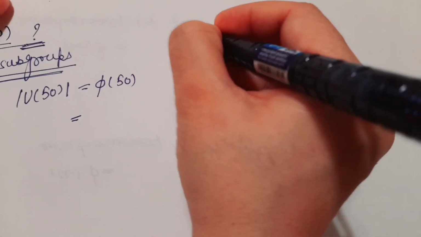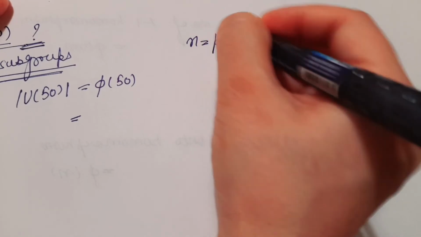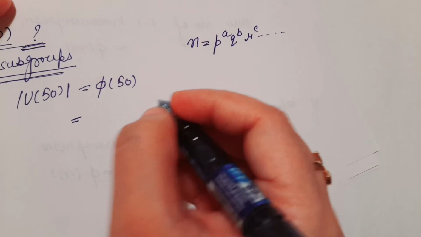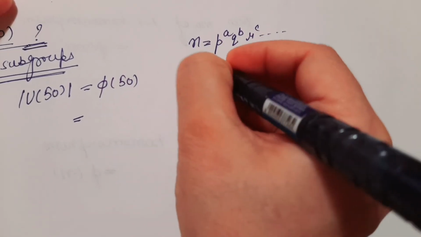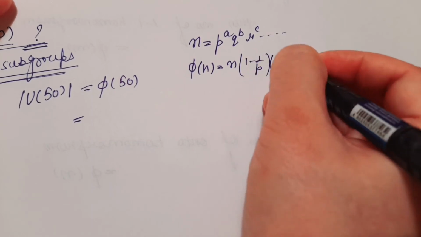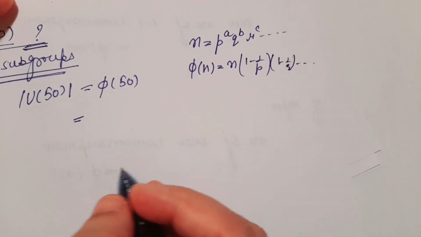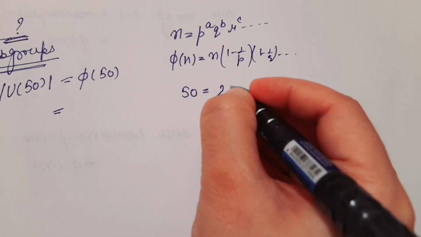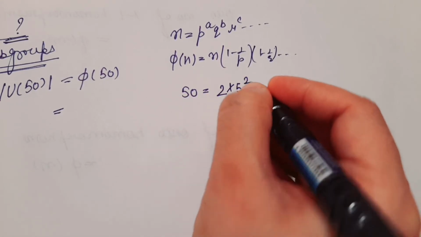If n is equal to p raised to power a, q raised to power b, r raised to power c and so on, then phi of n is n into 1 minus 1 by p, 1 minus 1 by q and so on. So we have 50 here. 50 means 2 into 5 square.